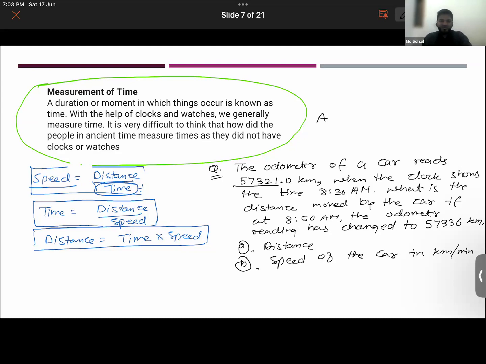Yes, Mafaz. What is the distance traveled? 15 kilometer. Okay. So distance you have found out. It is 15 kilometer.